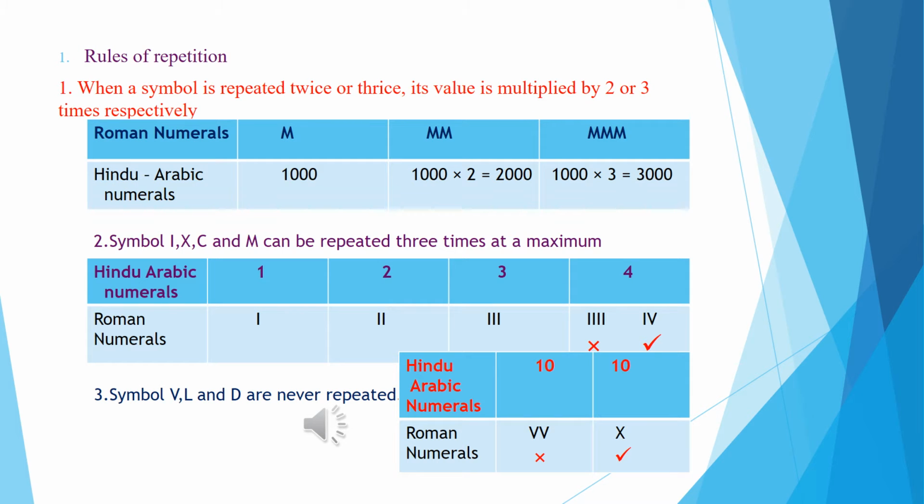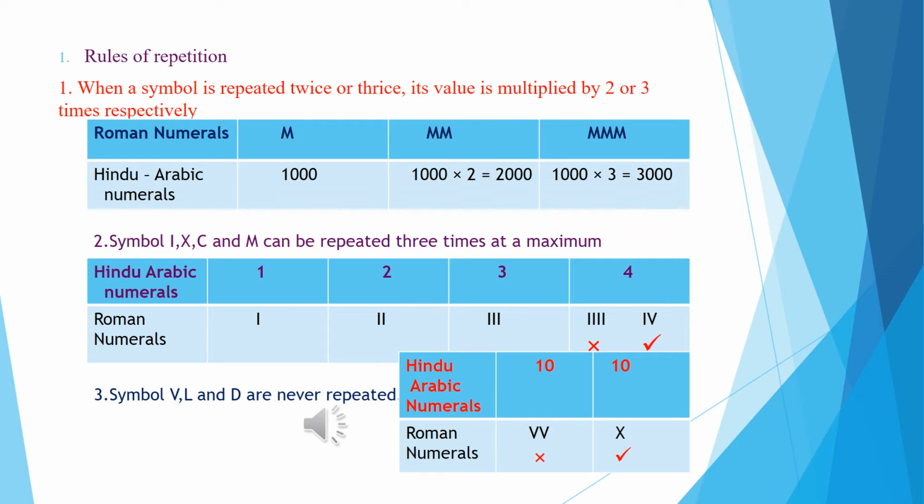Dear children, let us first study the rules of repetition. First rule of repetition: when a symbol is repeated twice or thrice, its value is multiplied by 2 or 3 times respectively. Look at the following table.